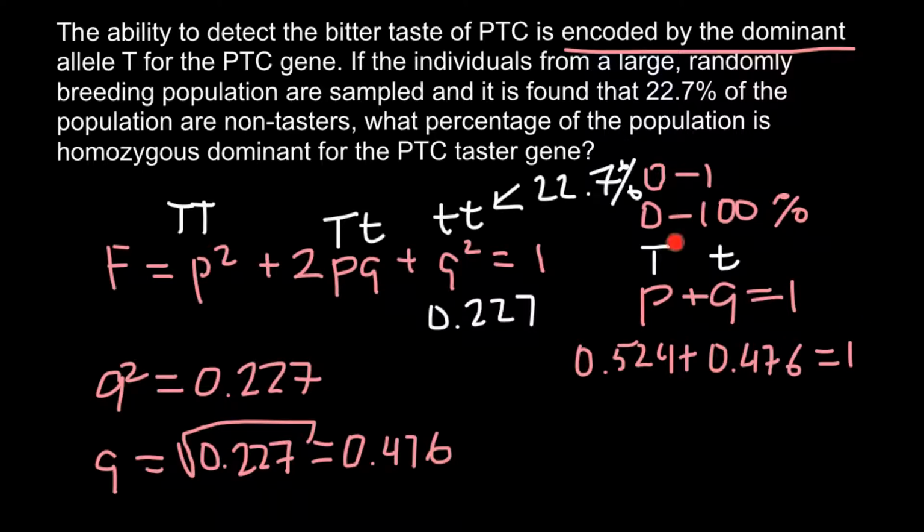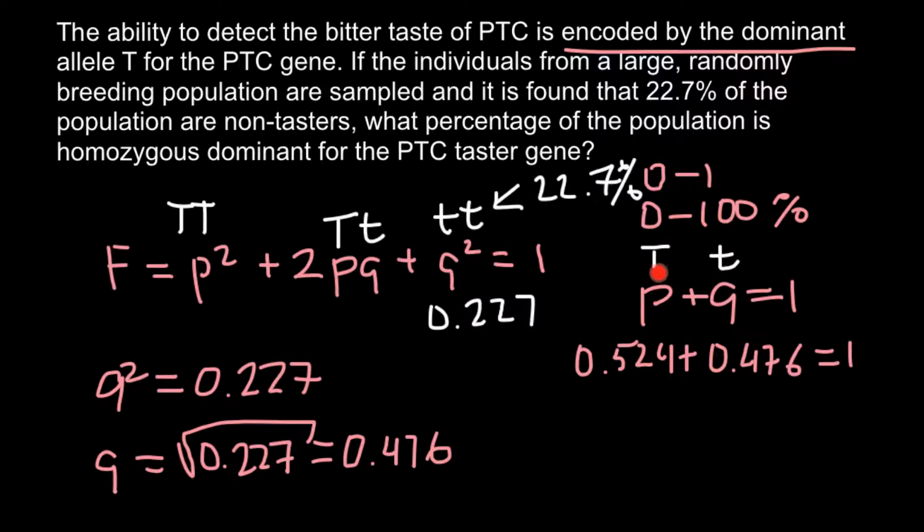So now we know the frequency of the dominant allele and the frequency of the recessive allele, and it is easy to find the frequency of the homozygous dominant genotype. We just have to multiply this number by itself.